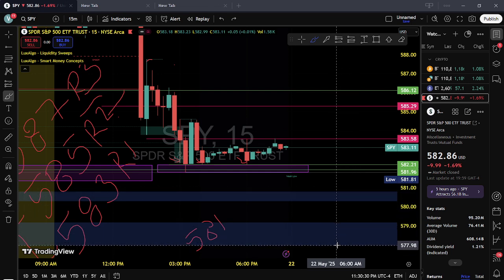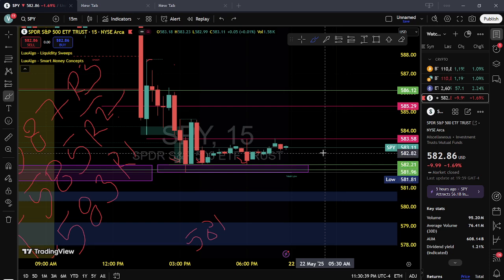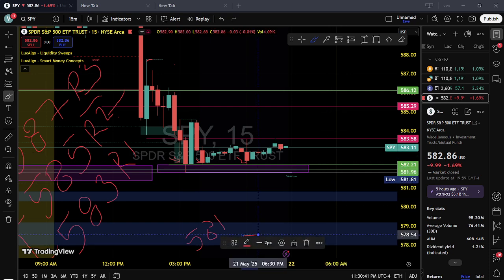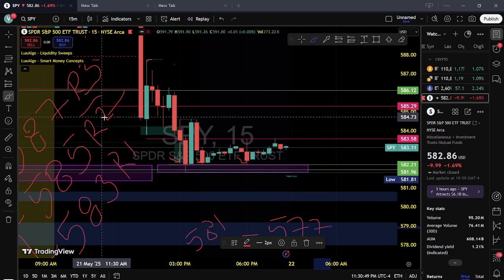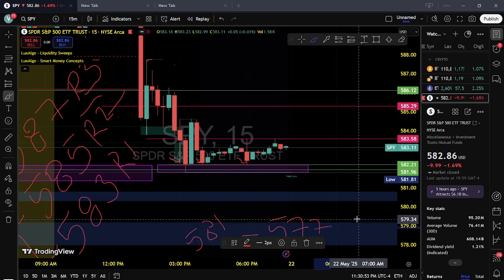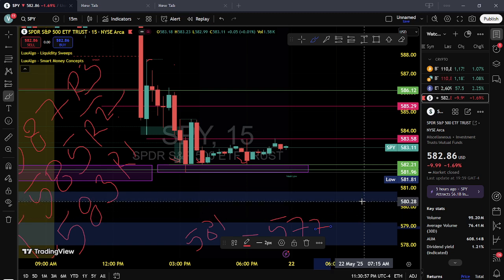But this will be your last supporting zone, which is 577. I will consider 577. So 580, 581, and then 577 and 580. So three. So R1, R2, R3 are these, and S1, S2 and S3 are 581, 580, not 580. Yes, 580 and 577.